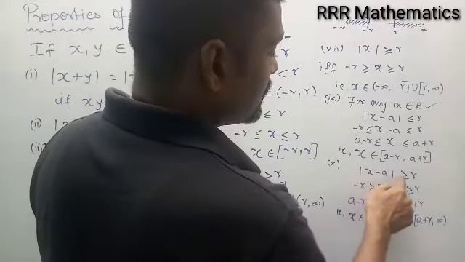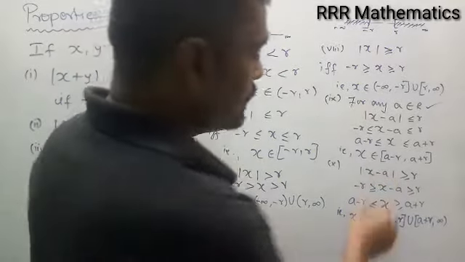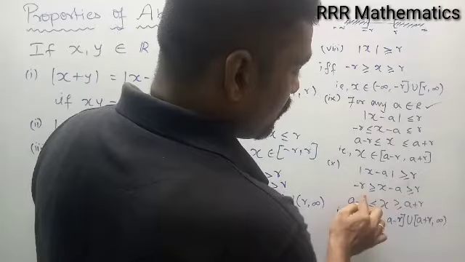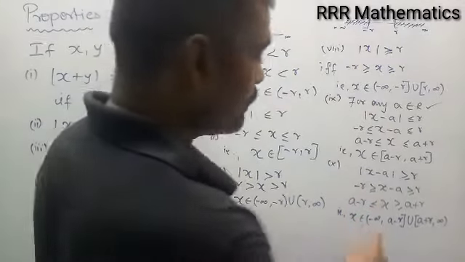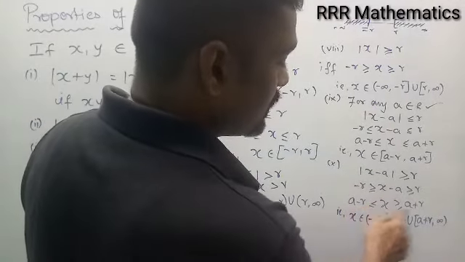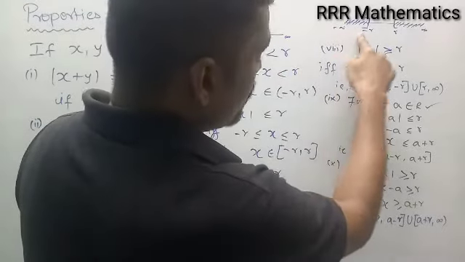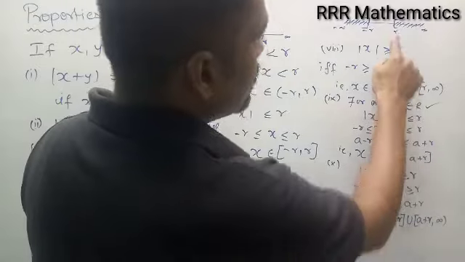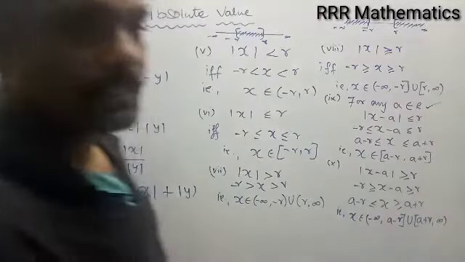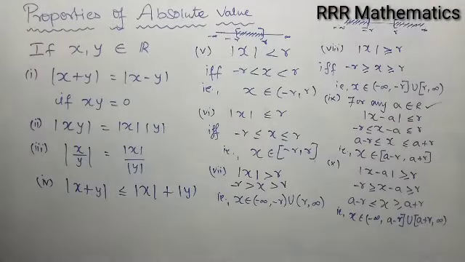See, I have modulus x minus a greater than or equal to r. Same inside the modulus, same inequality on both sides, negative to positive. And this minus a comes here as plus a. So in this case x lies between minus infinity to a minus r and a plus r to plus infinity. Is it clear? These are the basic properties of absolute value.